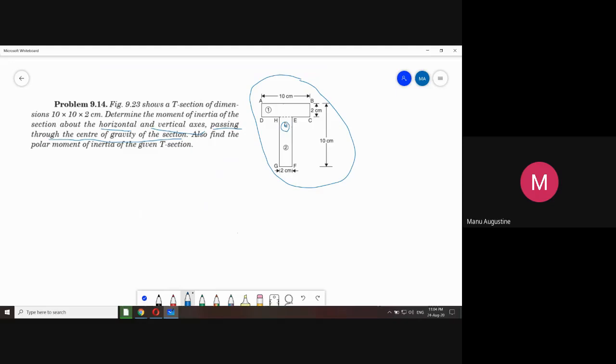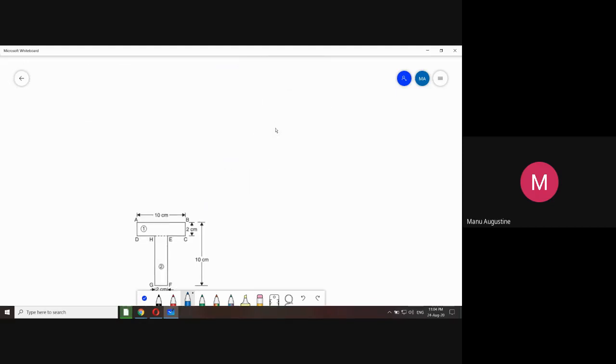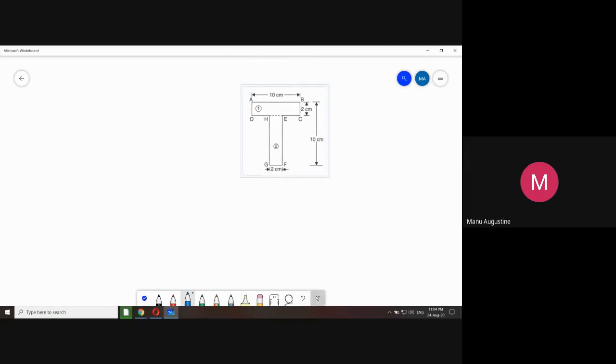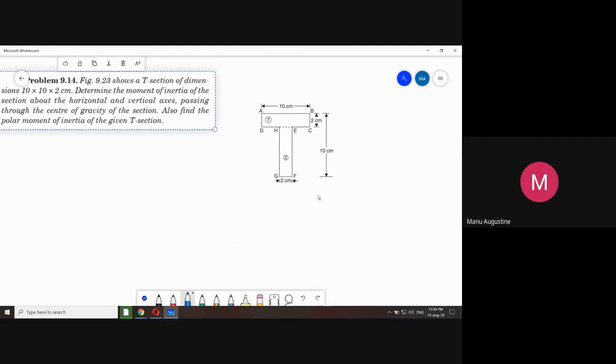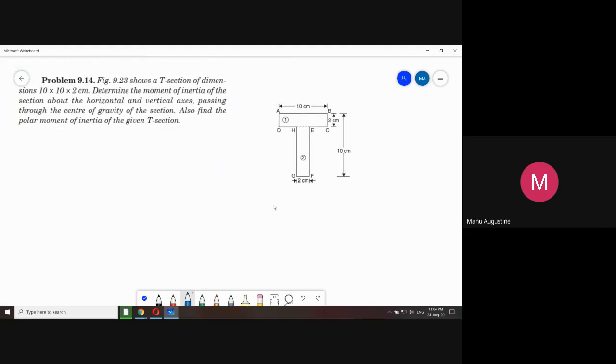And once you have identified the point of center of gravity, you have to actually draw two axes passing through the centroid of the overall area.